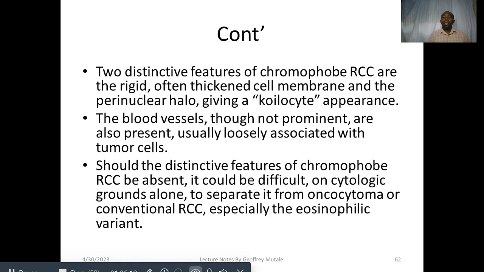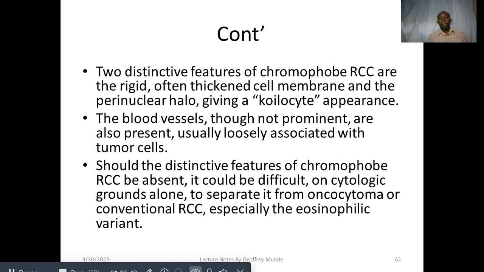And in this case, two distinctive features of chromophobe RCC are the ridged, often thickened cell membrane and the perinuclear halo, giving a koilocytic appearance. The blood vessels, though not prominent, are also present and usually loosely associated with the tumor cells.